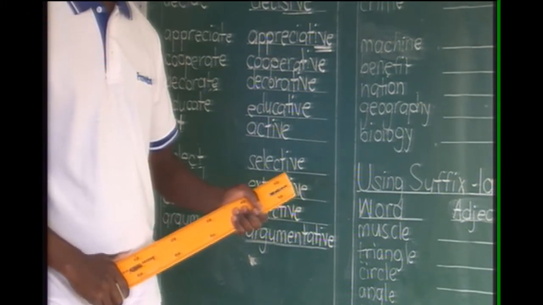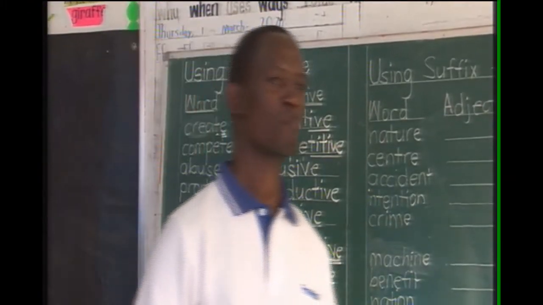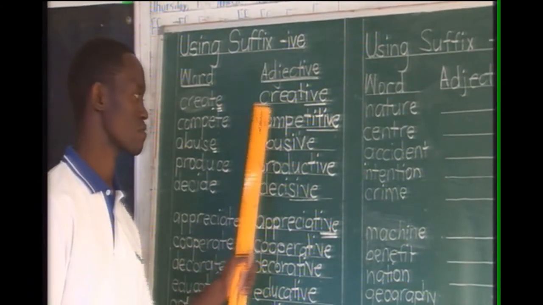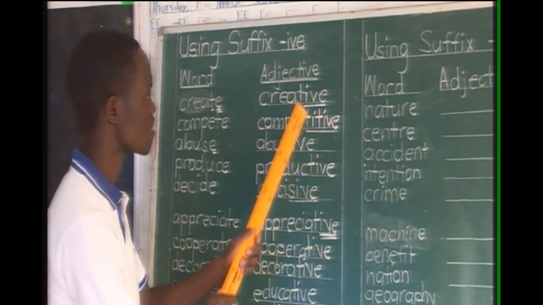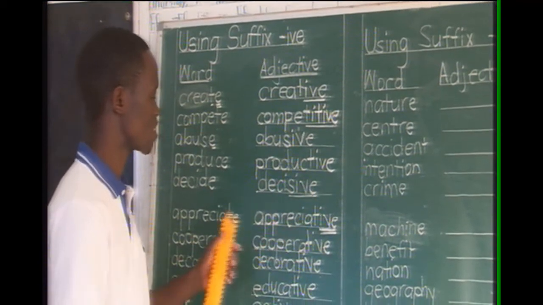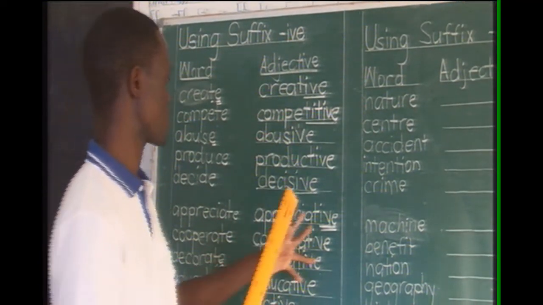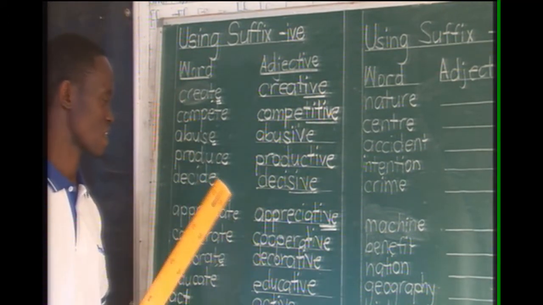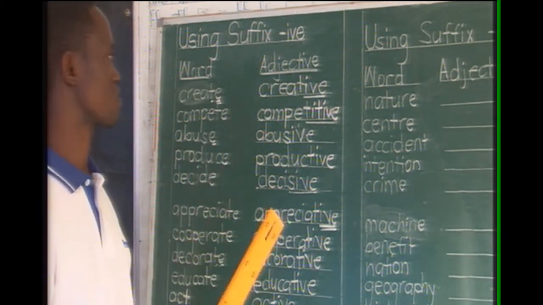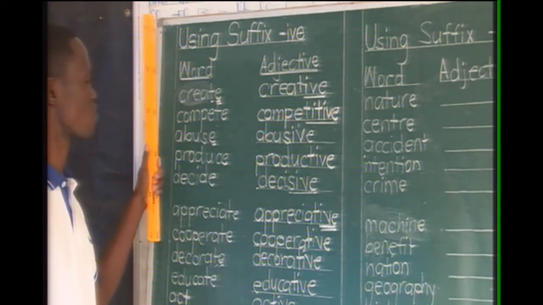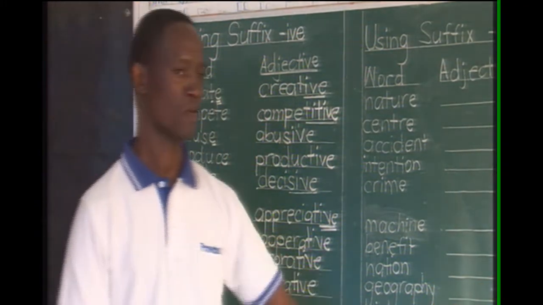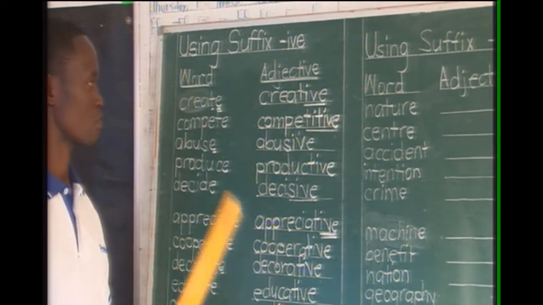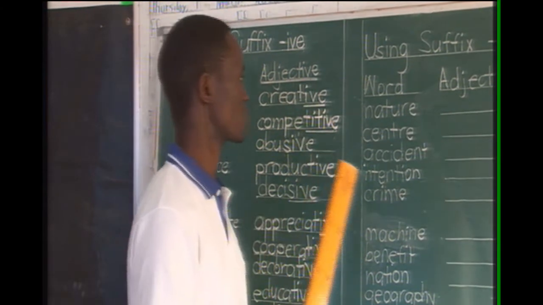In English, a teacher can give you 1,000 examples, but they are all useless if you don't master the rule. Instead of giving you a list from the first corner of the chalkboard to the last corner, you just need a little guidance about the rules to follow.